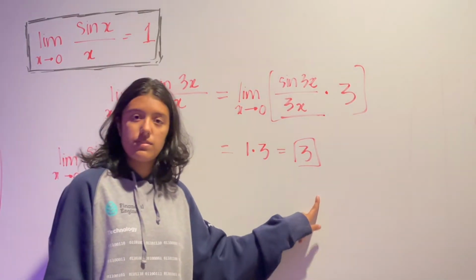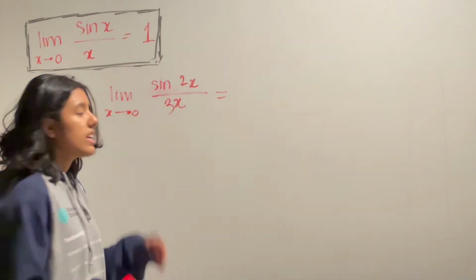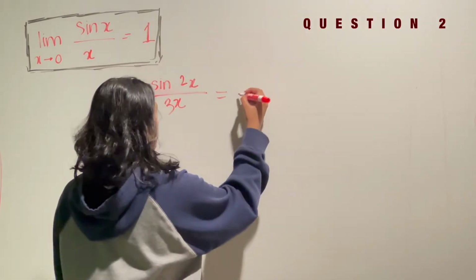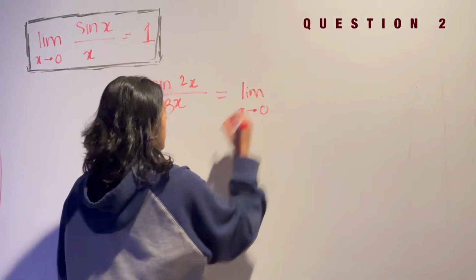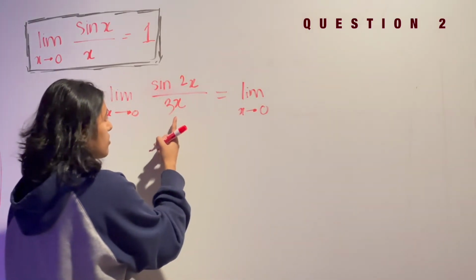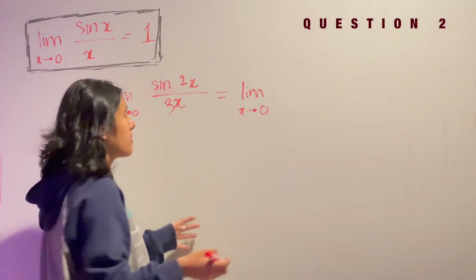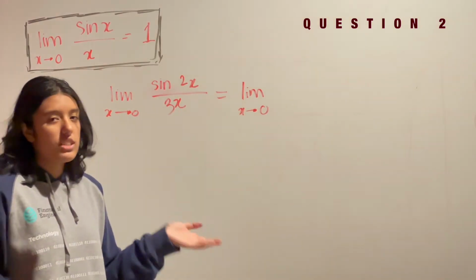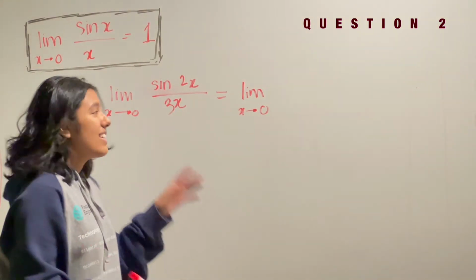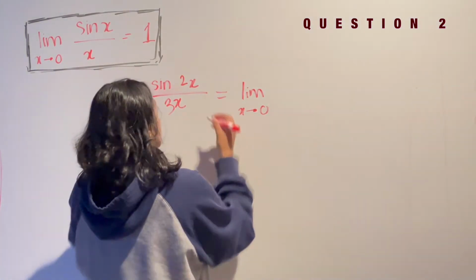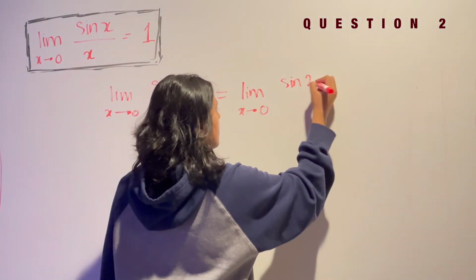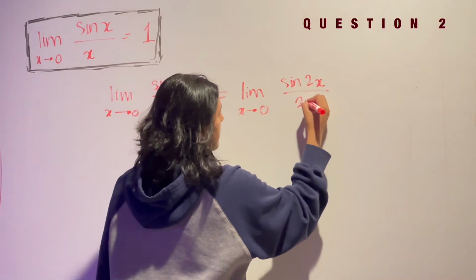Now we have the limit as x tends to 0 of sine 2x over 3x. Exactly the same procedure. We're just going to write the limit as x tends to 0. And we want to make the denominator 2x, because we know that the limit of sine 2x over 2x is simply 1 when x tends to 0. Now, we can just write it as sine 2x over 2x.